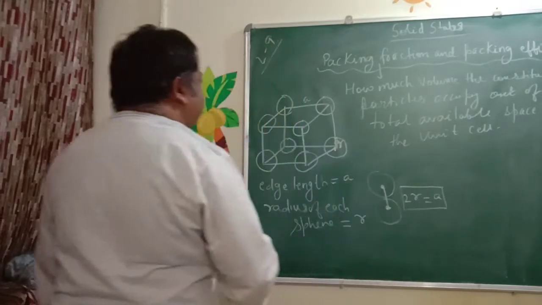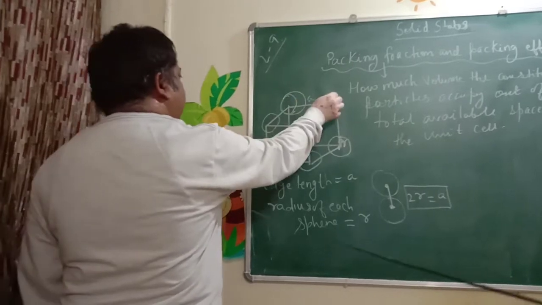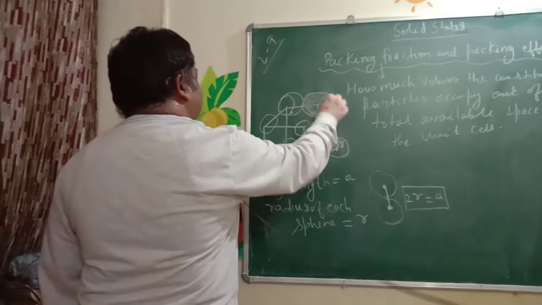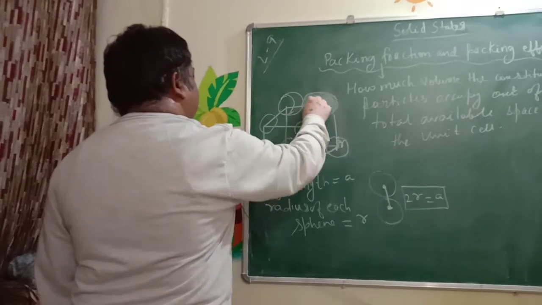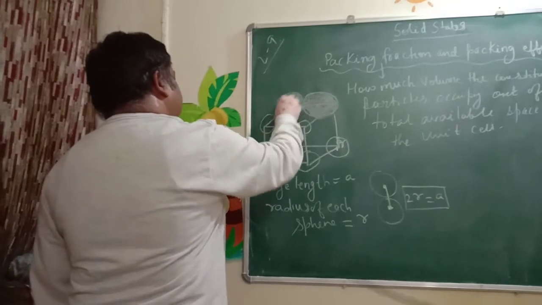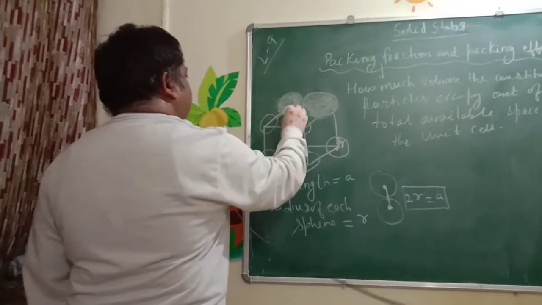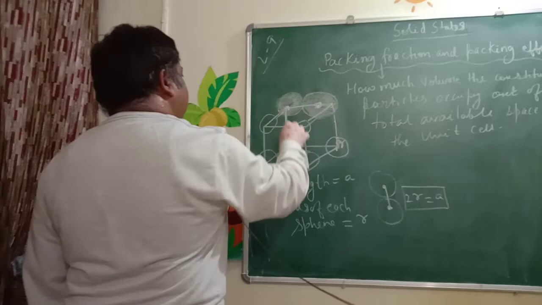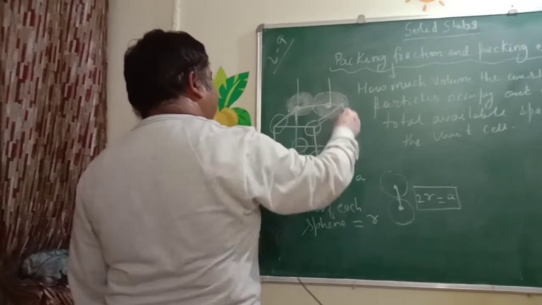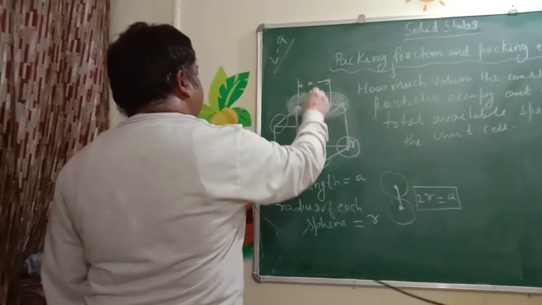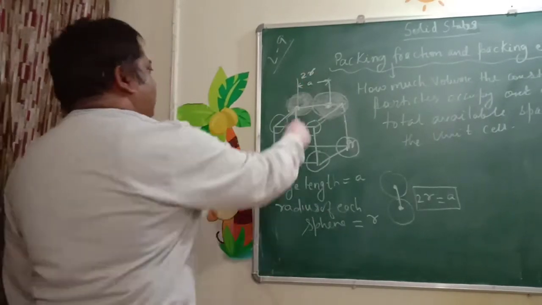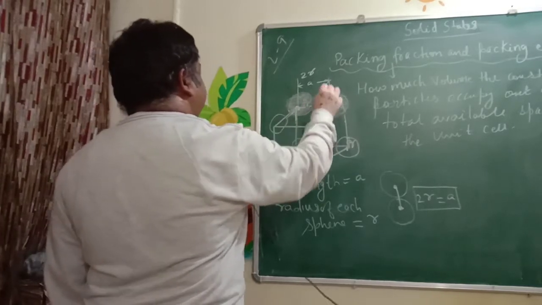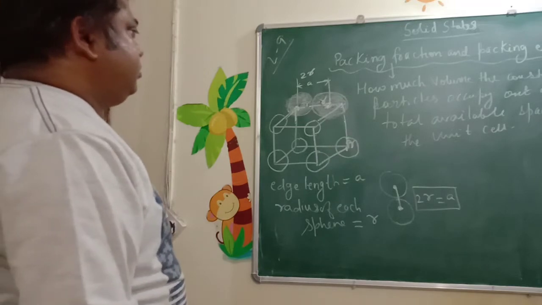This we have to keep in mind. These are actually touching each other, but for the sake of simplicity we are not drawing it that way. So if this is a, this is also equal to 2r, radius plus radius, radius plus radius.